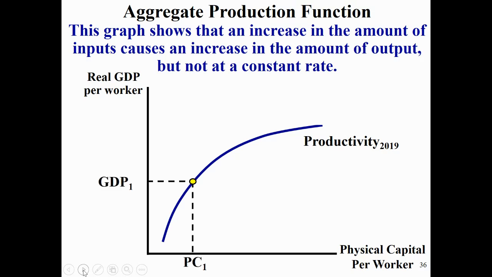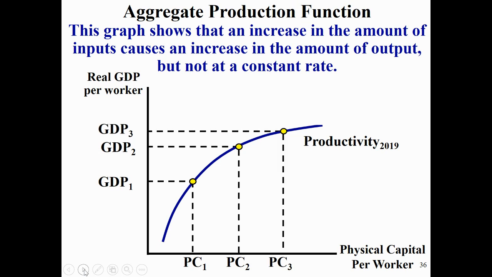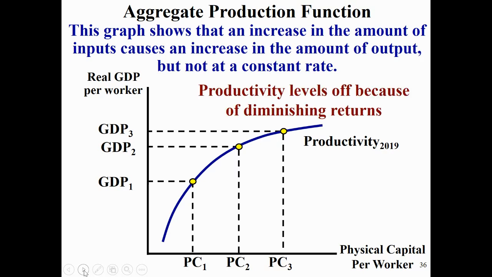So here's our GDP. If there's a PC1 amount of physical capital, and as we put more physical capital in, GDP grows, and we see it starting to grow at a decreasing rate. Right here it's growing at an increasing rate, then it's growing at a decreasing rate. This is kind of like a stage 2, and eventually it possibly hits a stage 3. But productivity levels off because of diminishing returns.